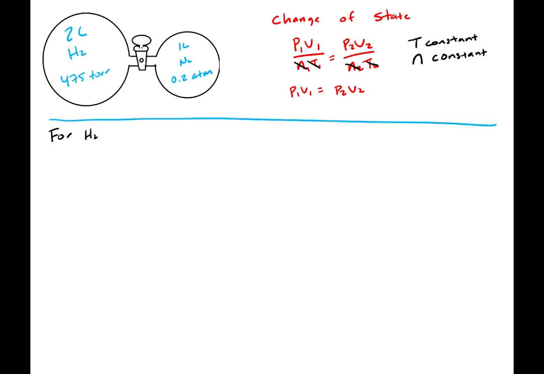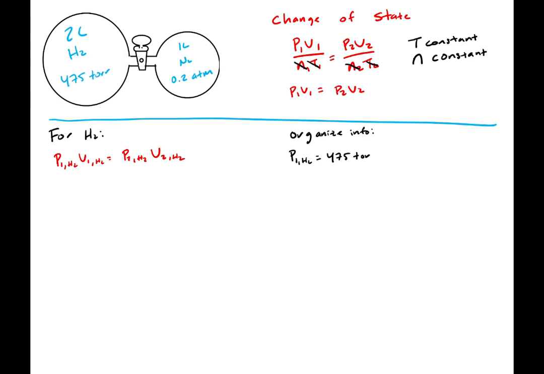So for the H2, we can write out that P1 for the H2 times V1 for the H2 equals P2 for the H2, V2 for the H2. And then we can organize the information that the problem has given us. Always a good idea to do that. P1 for the H2 is 475 torr.